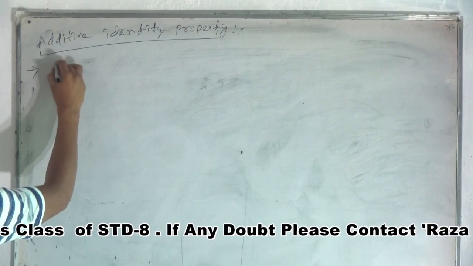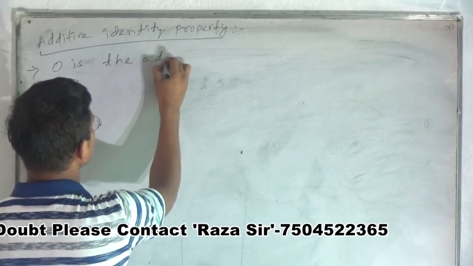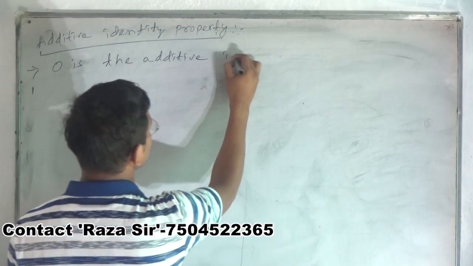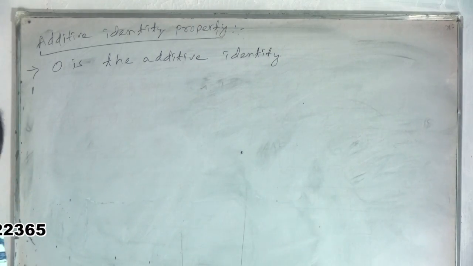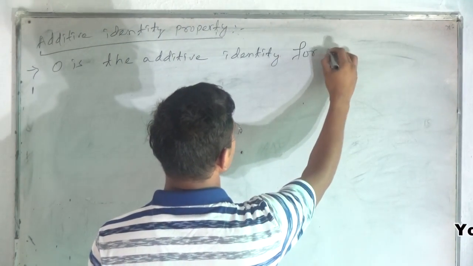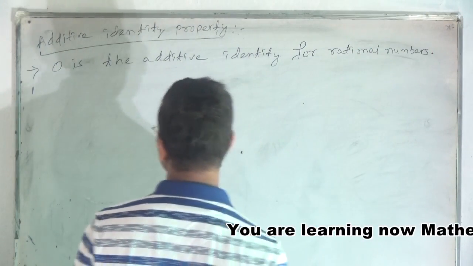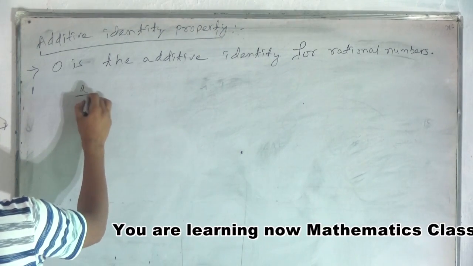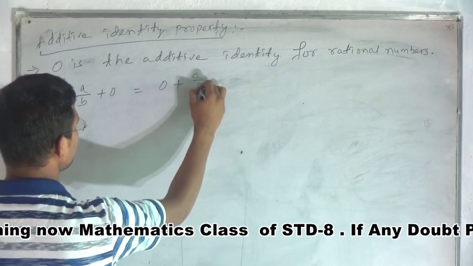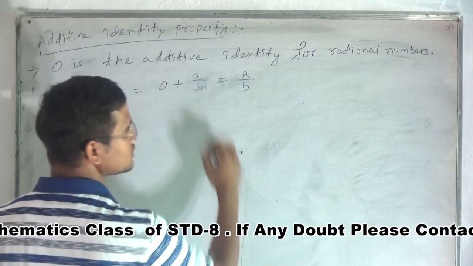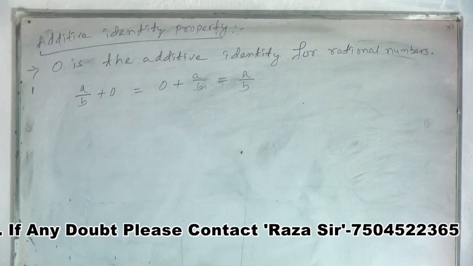Write in notes: 0 is the additive identity for rational numbers. That means you add A by B plus 0, also in the case of first 0 plus A by B, there is no change in the rational number. This is called the additive identity property.